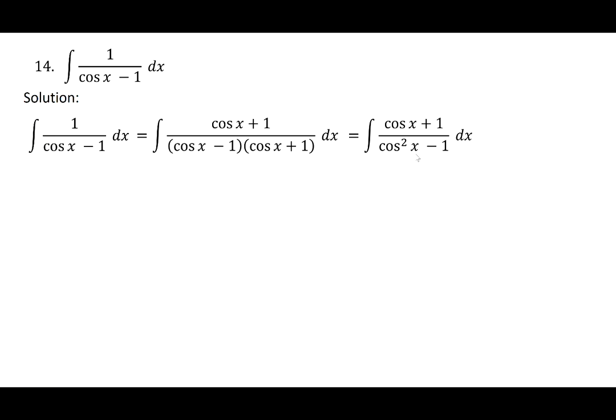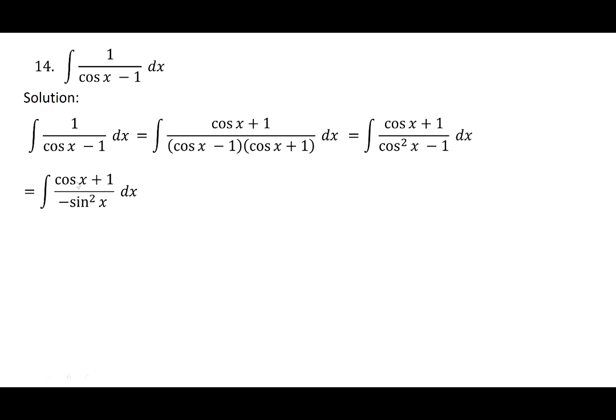That's okay. We know 1 minus cosine square x is sine square x, so cosine square x minus 1 would be negative sine square x. So we'll replace the denominator with negative sine square x.